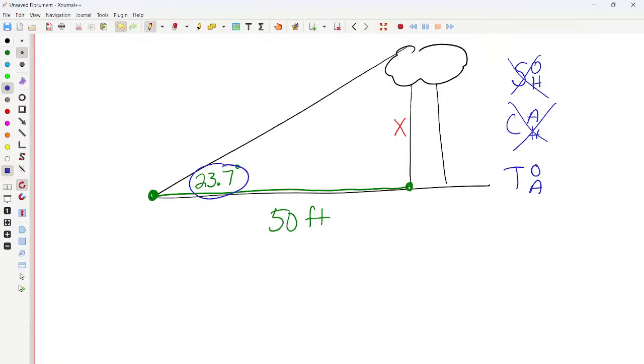Tangent of 23.7 degrees is X on top of 50.